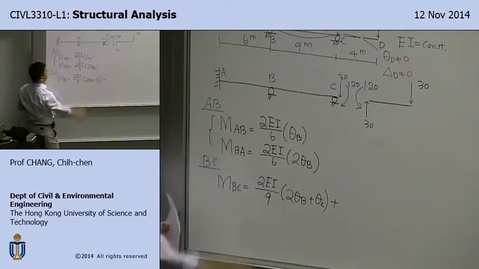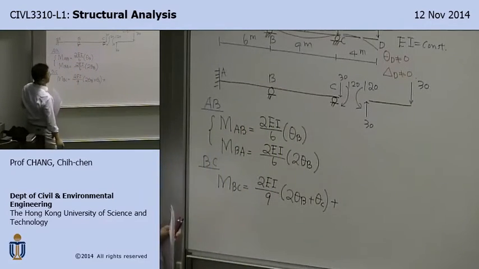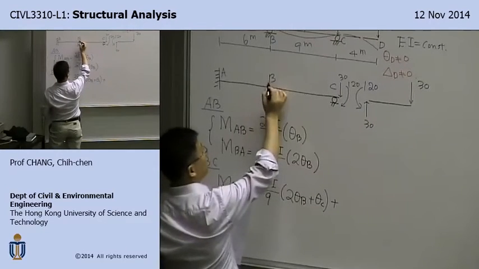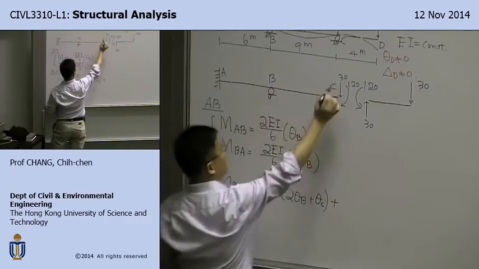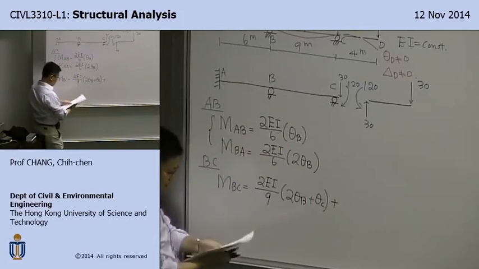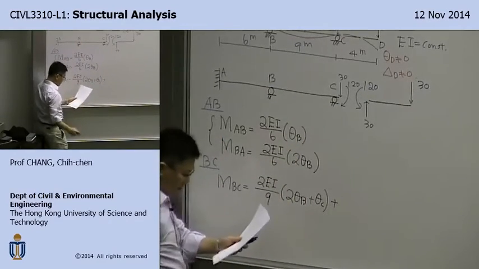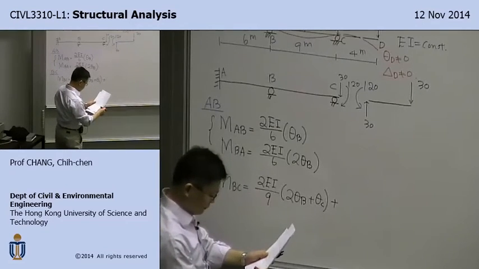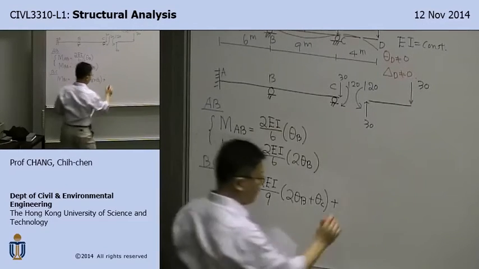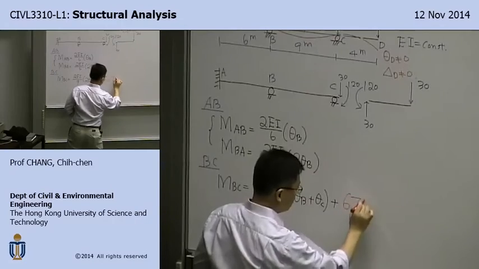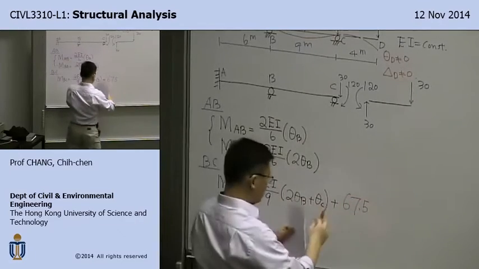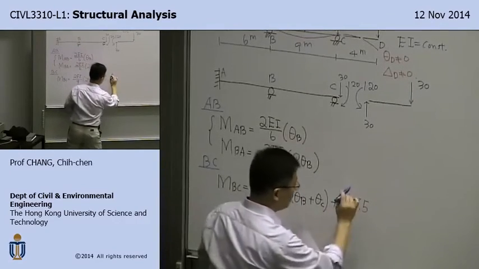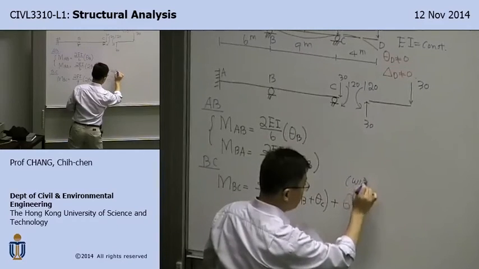So fixed end moment for UDL is WL squared over 12. So you're expecting to see a fixed end moment on both sides. So the fixed end moment is 67.5. So this is coming from WL squared over 12.